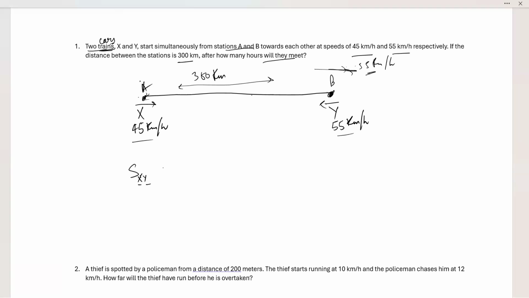So what will be observed by the passenger on train Y is that this train X is coming towards it at a speed of 45 plus 55 kilometer per hour, which equals 100 किलोमीटर पर आवर.